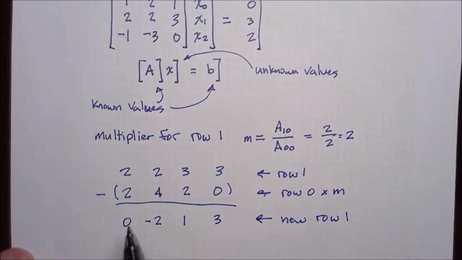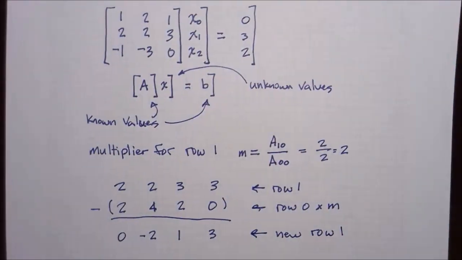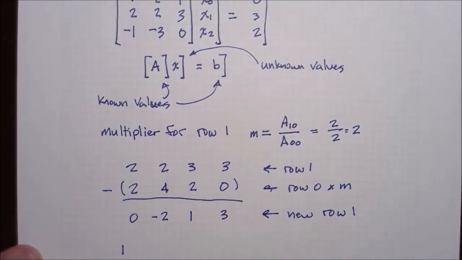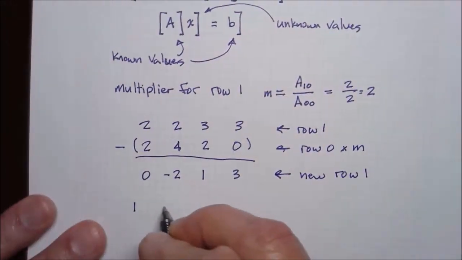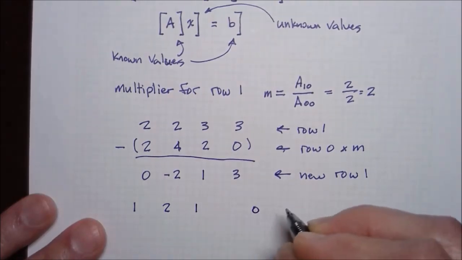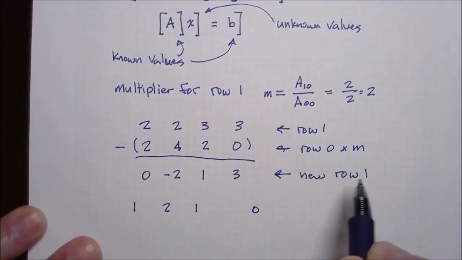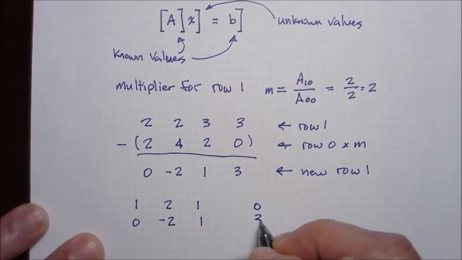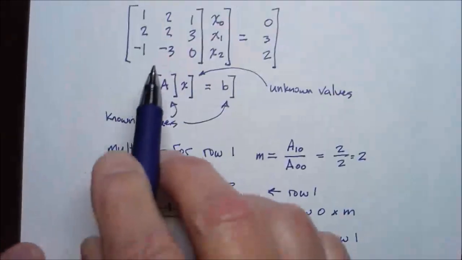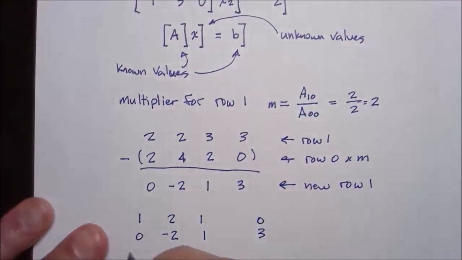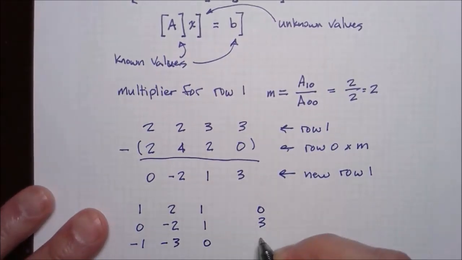So I can now, let me rewrite this set of equations. In the A matrix, row 0 has 1, 2, 1, and 0. The new row 1 has 0, minus 2, 1, and 3. And then the old row 2 is minus 1, minus 3, 0, and 2.